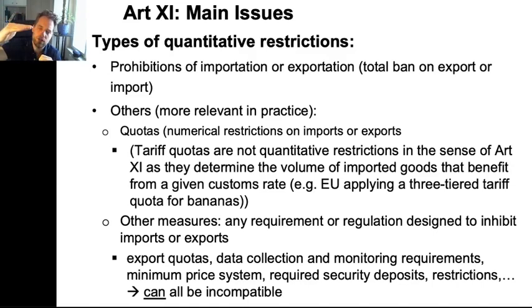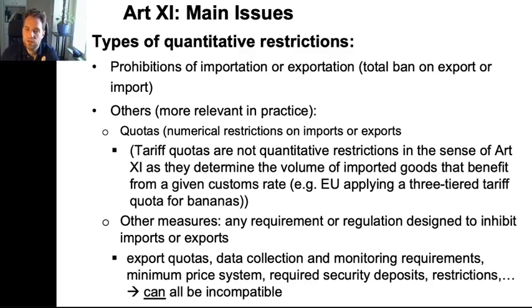The second 500 tons, then a 10% tariff. And then the third tier, 500 more tons, then you'd say, okay, 15% tariffs or 20% tariffs. So depending on how many products enter our market, there will be different tariffs applied. That by itself, however, even though the name says tariff quota, is not a quota in the sense of GATT Article 11. Keep in mind there is a difference here.